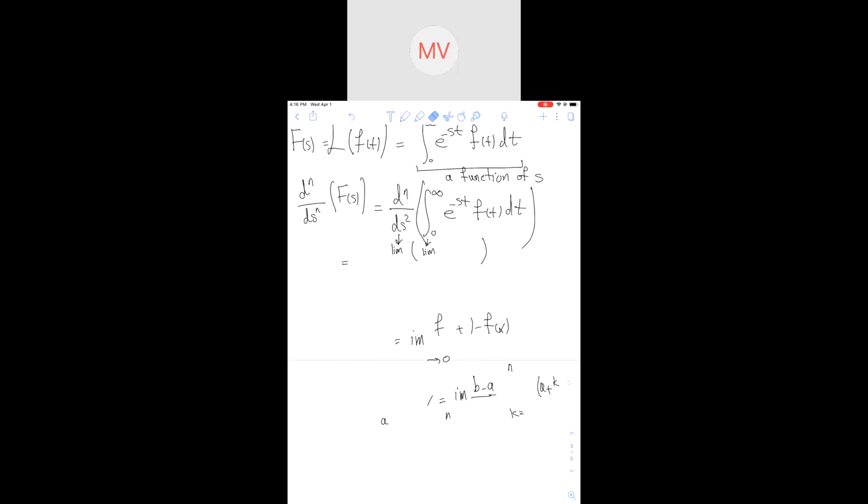So let me erase this. So that's equal to, I can do 0 to infinity, d^n, oh, that should be d^n, of, and remember this whole thing, since we're taking the derivative with respect to s, only e to the negative st has the variable s.